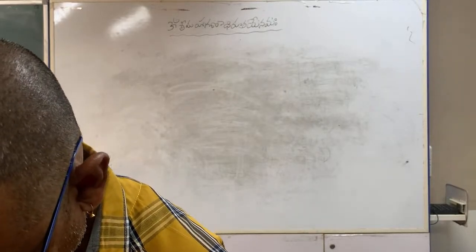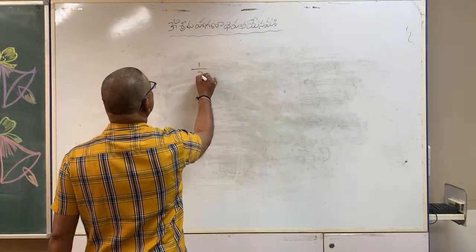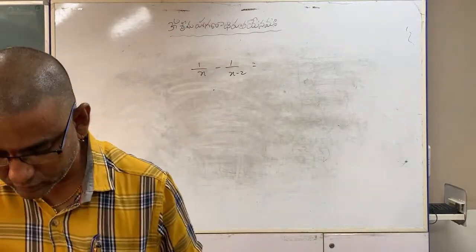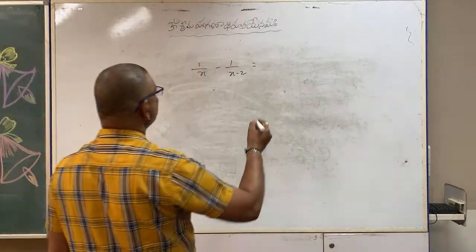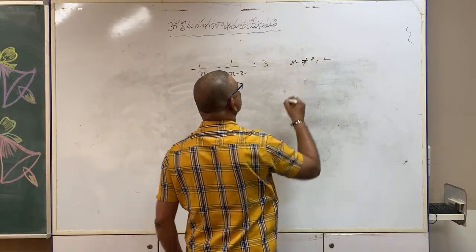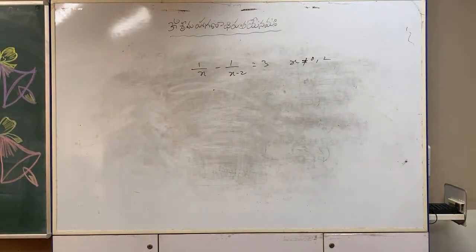Solve the following equation: 1 by x minus 1 by x minus 2 is equal to 3, where x is not equal to 0 or 2. You cannot take x as 0 or 2. That is what you have to understand. What happens if x is 0?